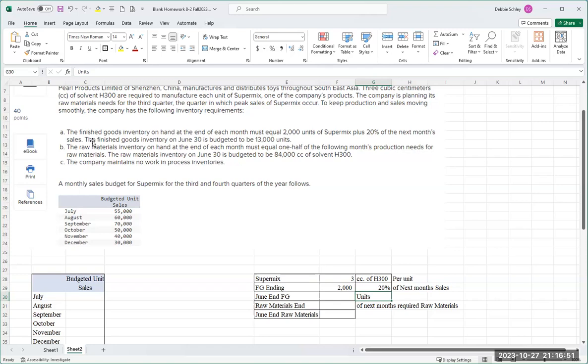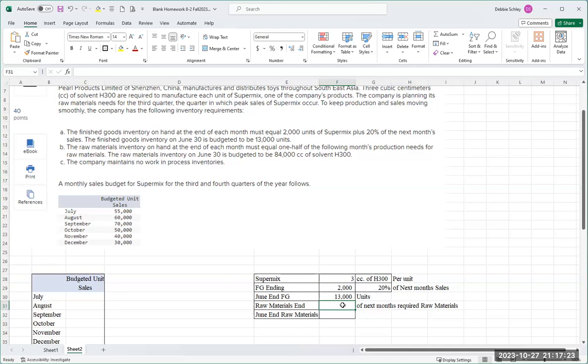Okay, we're talking about finished goods. The finished goods inventory on June 30th, which is the end of the month, is budgeted to be 13,000 units. So June ending finished goods, 13,000. Okay, what else are they going to tell me? The raw materials inventory on hand at the end of each month must equal 1/2 of the following month's production needs for raw material.